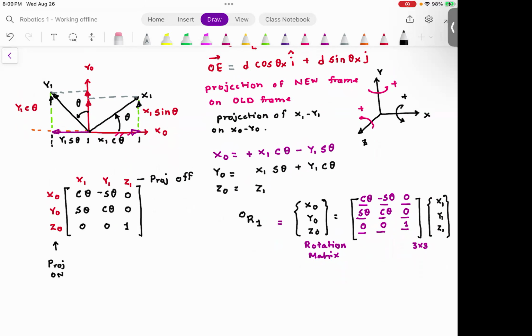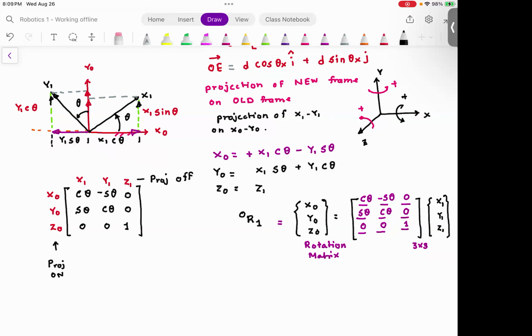Since this is the rotation about Z, I have drawn the original coordinate system and the rotated coordinate system. And then I drew perpendiculars from the new coordinate system onto the old coordinate system because I want the projection on the old coordinate system.